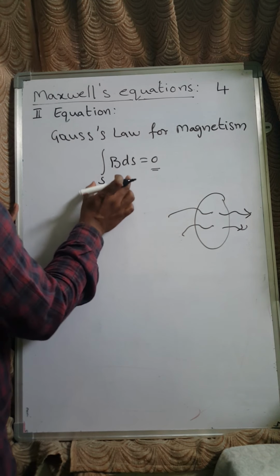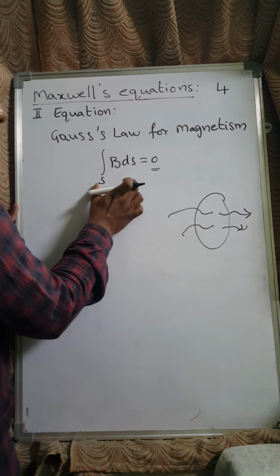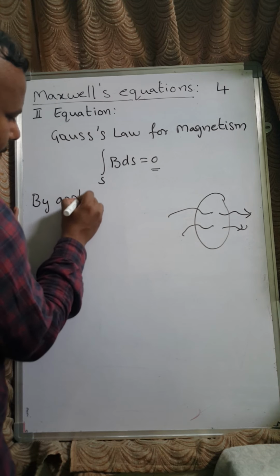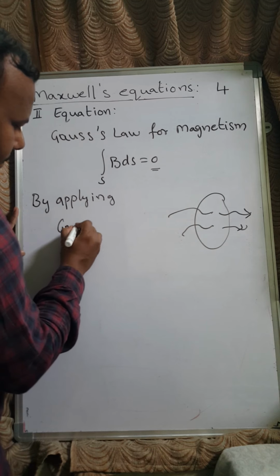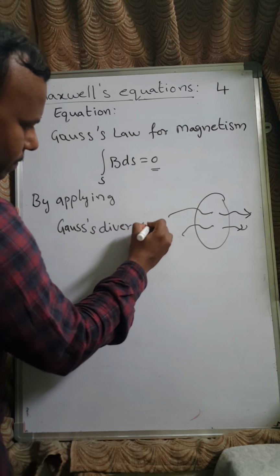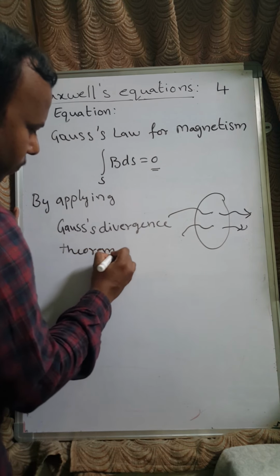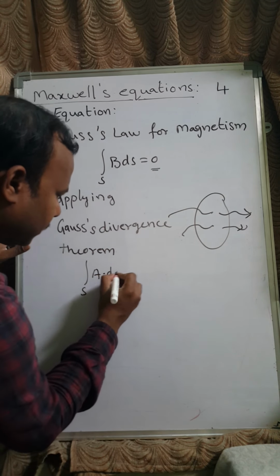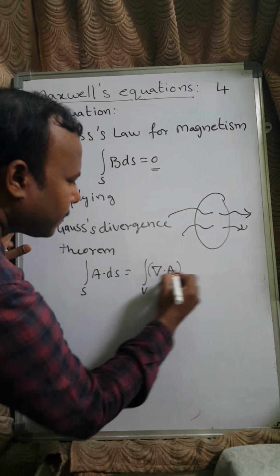The same transformation I am going to do here. I have a surface integral, and I am going to convert it into a volume integral by applying the Gauss divergence theorem on the LHS, which says integral A dot ds is nothing but volume integral of del dot A into dV.